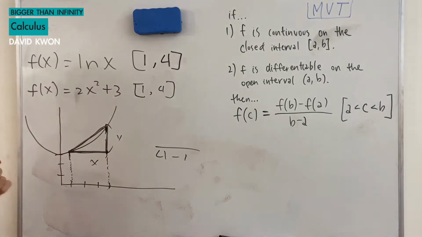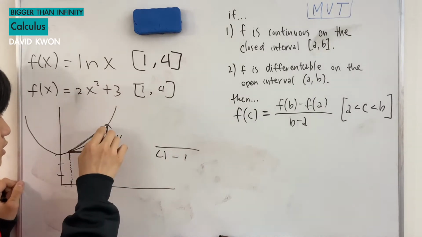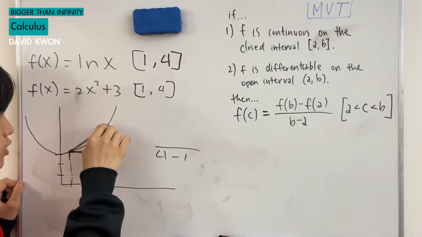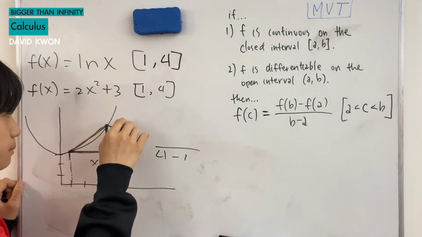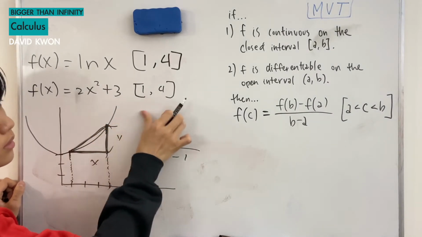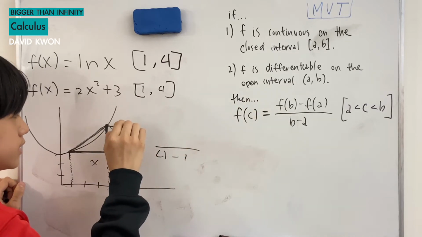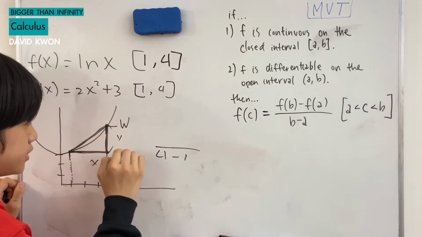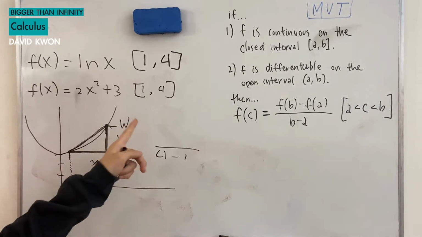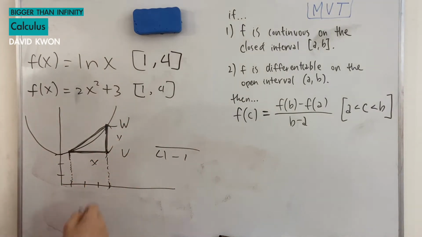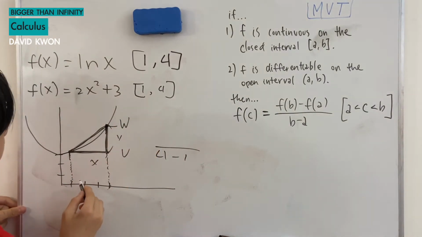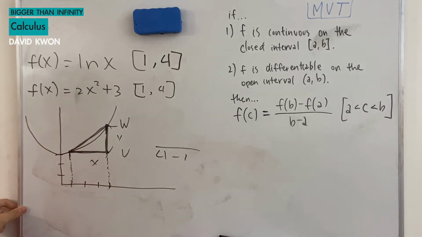To find this length, let's call this point W, and let's call this V, because we already have A and B. Then we need to do W minus V. To find the value of W, that is f of 4. Very simple.